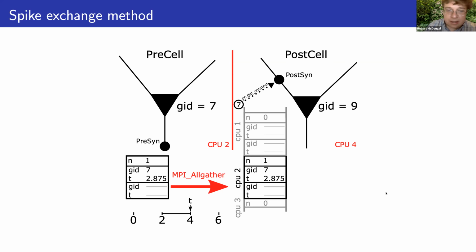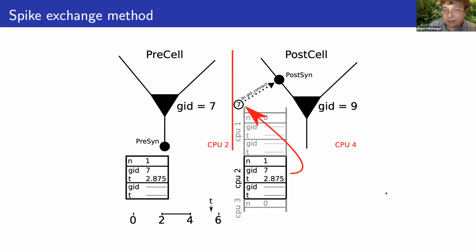And then as the simulation continues to advance and we get to time 4.875 milliseconds, let's assume that our synaptic delay was in fact exactly 2 milliseconds, then that event will be delivered to the postsynaptic thing. So that netcon will be triggered, that event will come in, the postsynaptic cell will respond according to whatever the synapse rules are.